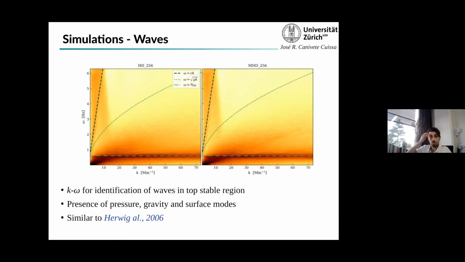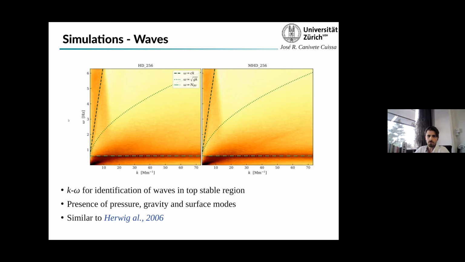And here I'm going to show you the last result. It's about wave propagation in the top stable region. This is a k-omega diagram. Essentially, it's showing you the power associated with each wave mode in the top region. Here we have a wavenumber, k, and frequency.